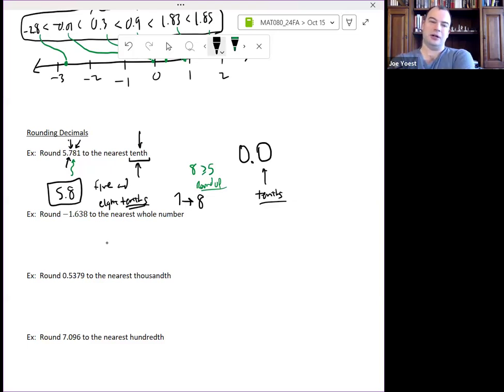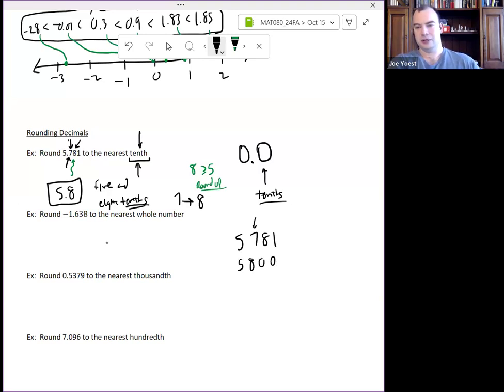We kind of forget about all of the places further to the right than those two. In the decimal case, we just leave those off. In the whole number case, like if we had 5,781 and we wanted to round to the thousands place, not this place, then we would make this 5,800.